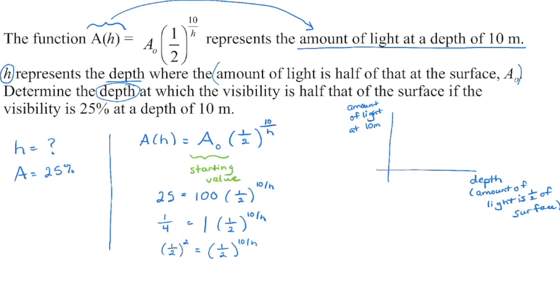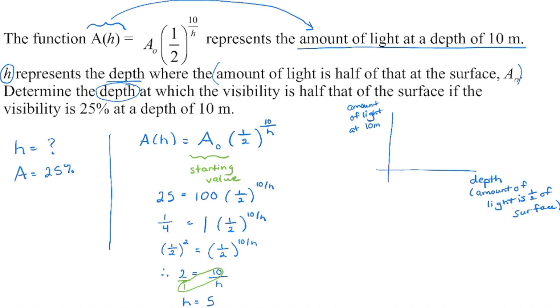Once my base is the same, therefore, we know the exponents are also going to be the same. Well, now we've got basically a proportion. So I know that this denominator is over 1, so I can just multiply here. 10 times 1 is 10, divided by 2 is 5. So I know that h is going to be equal to 5.